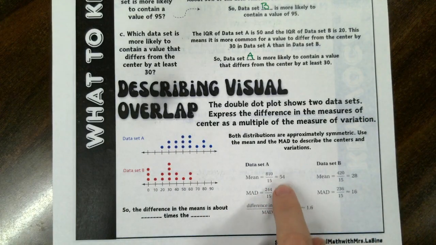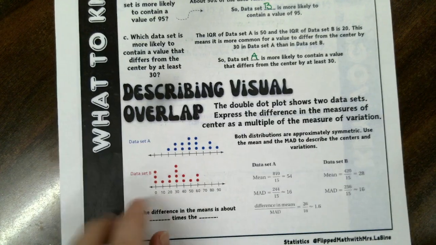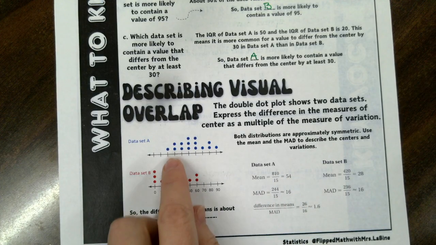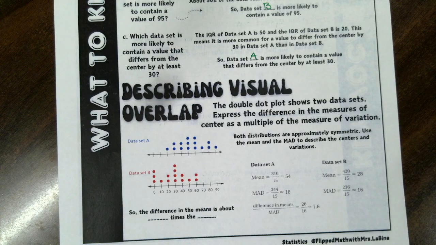My mean is 54, so the distance between 54 and 20 is 34. Between 54 and 30, the distance is 24, and 24. I add all of those distances together and get 244. I divide that by how many numbers there were, and my mean absolute deviation is approximately 16. When you see this equal sign that's wavy, that's telling you it's approximate. It's not an exact number.